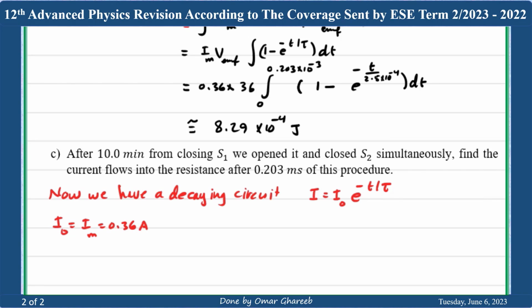Find the current flowing into the resistance after 0.203 millisecond of this procedure. So, to find the current at that time, I0 is 0.36, e to the minus t, which is 0.203 times 10 to the minus 3, over the time constant, 2.5 times 10 to the minus 4.